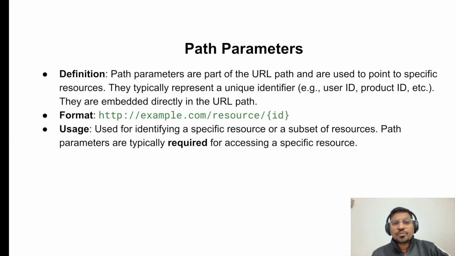So if you're asking what is a path parameter, if something is written after your domain name and is used for getting a particular record, then we know this as a path parameter. The difference between path parameters and query parameters is that whatever is written after the question mark is referred to as query parameters, and whatever is written before that is known as a path parameter.